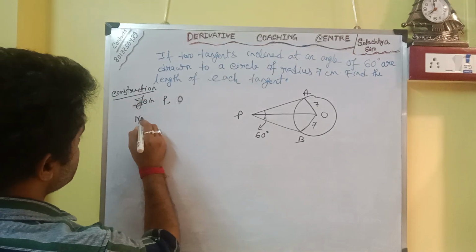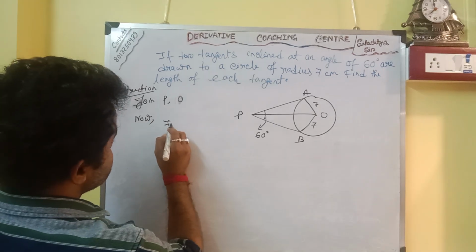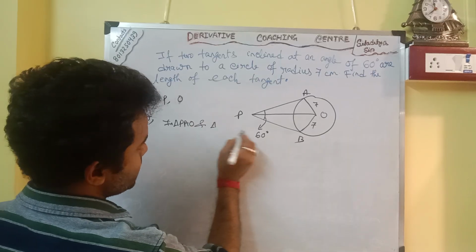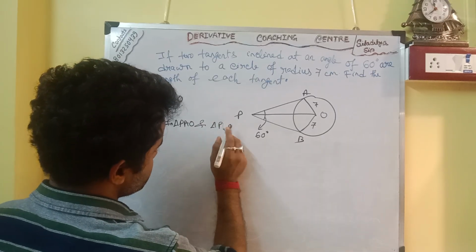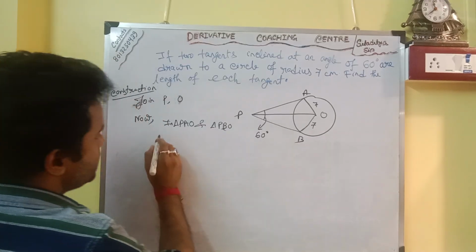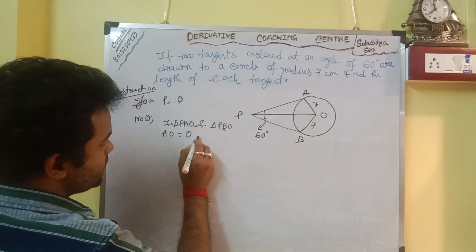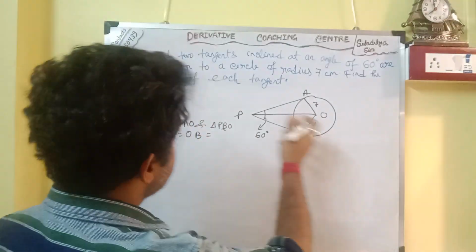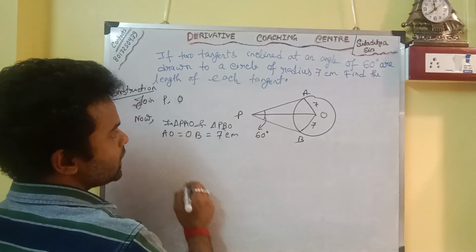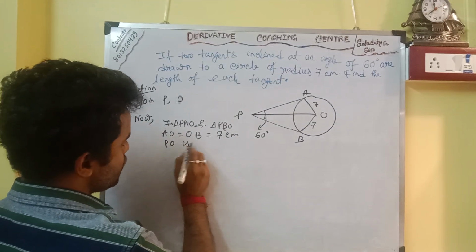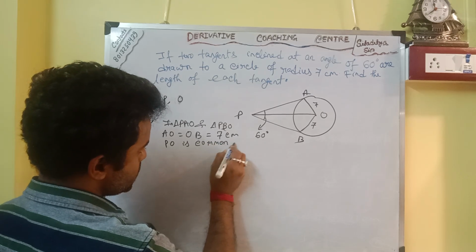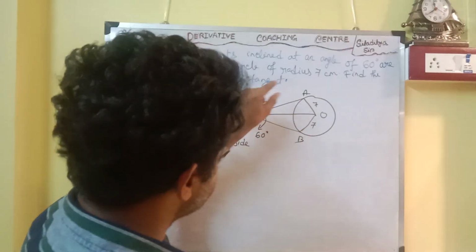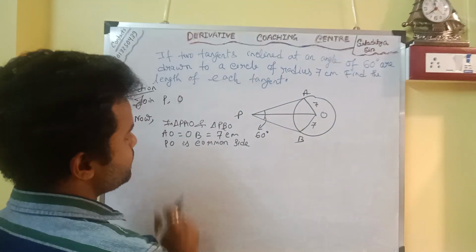Now in triangle PAO and triangle PBO, AO equals OB because they are two radii of the same circle, that is 7 centimeters, and PO is a common side of triangle PAO and also triangle PBO.